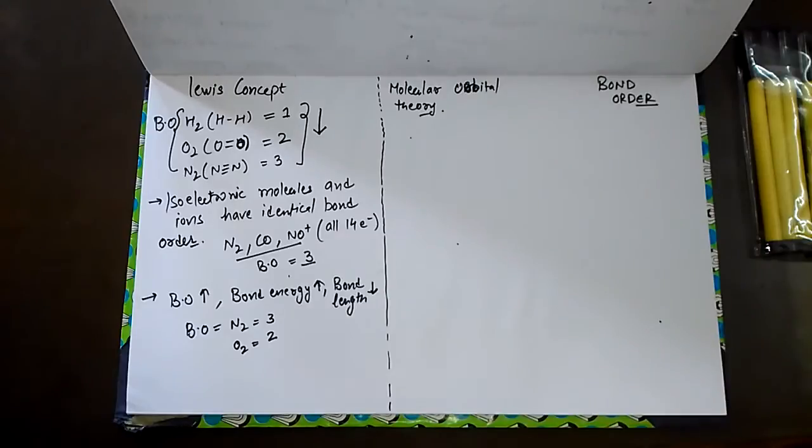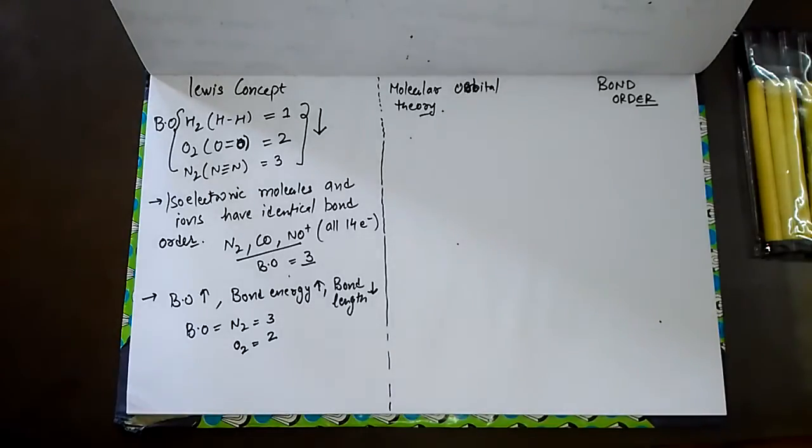I will write the electronic configuration to show the significance of bond order, how we can find the nature of a substance, whether it is paramagnetic or diamagnetic. We can easily identify whether a molecule exists or not with the help of molecular orbital theory. You can search our channel and watch that video first, then go for bond order in molecular orbital theory, otherwise it will be difficult.